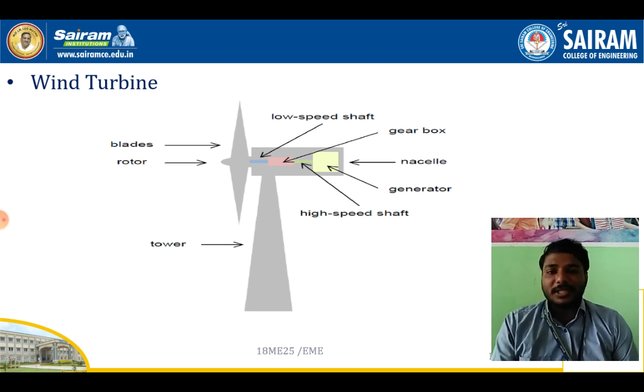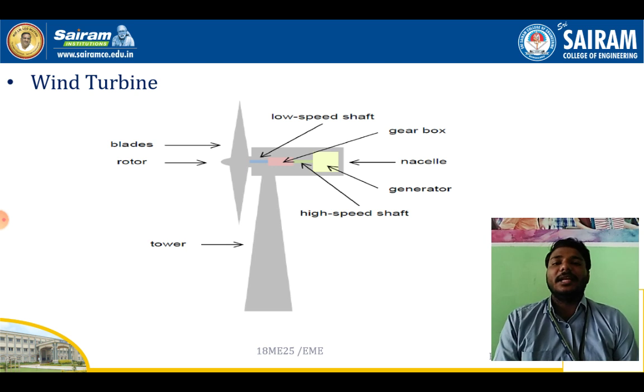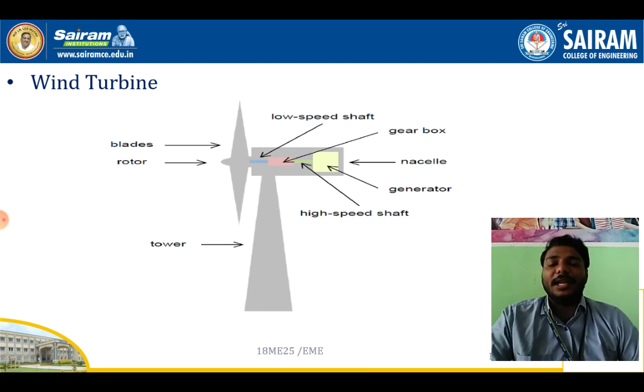From the substations, they supply the electricity to the main stations, and then to the required stations or applications. So this is how we generate electricity with the help of wind energy.